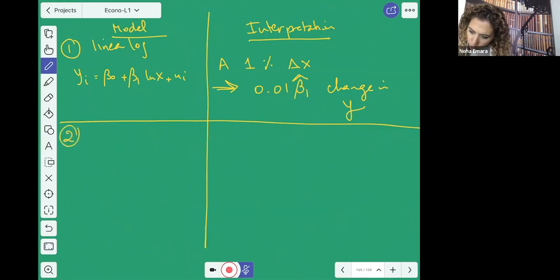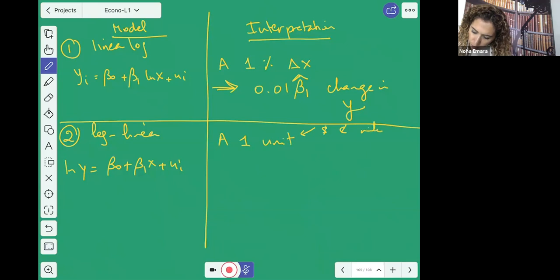Number 2, for the log linear: log y equals beta naught plus beta 1 x plus ui. And here I'm going to say a 1 unit change in x. When I say unit, here it can be dollar, cents, miles, minutes, anything, but not percent.